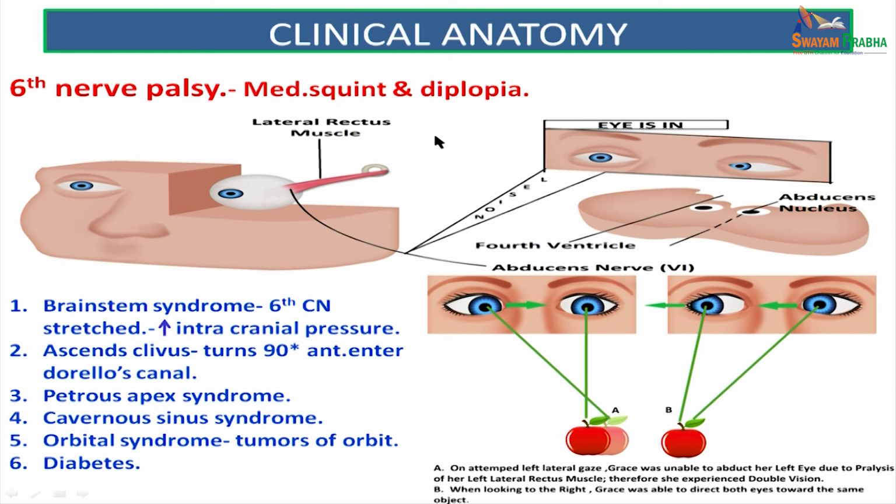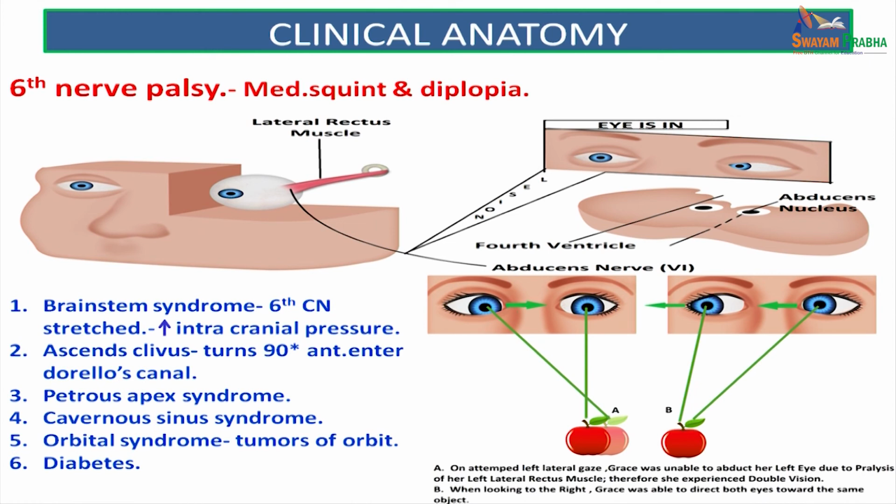Coming to the clinical anatomy, the sixth nerve palsy presents with medial squint and diplopia, that is double vision. So, here the medial squint is because of the unopposed action of the medial rectus, and the injured eye does not have capability of abduction.